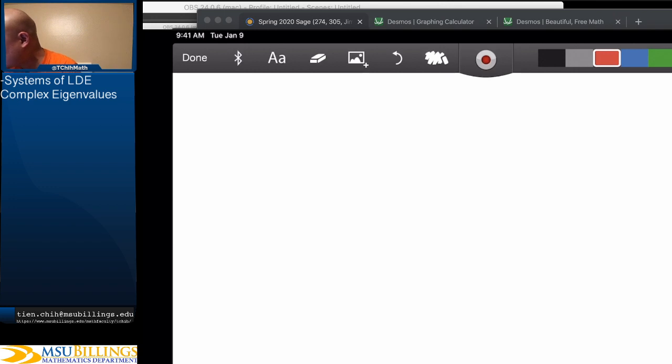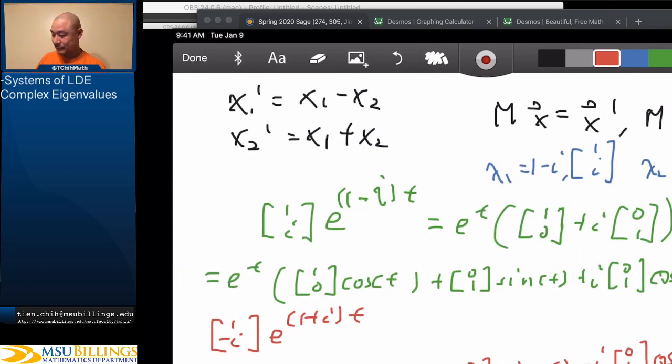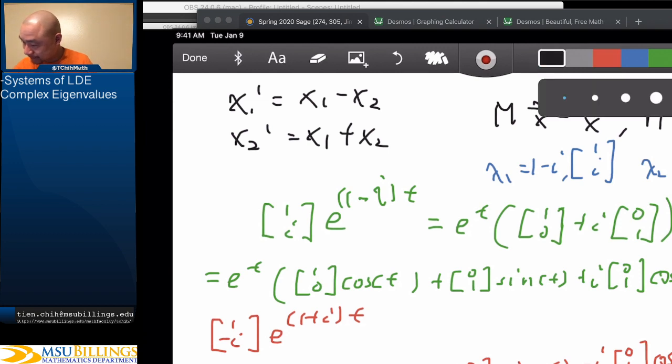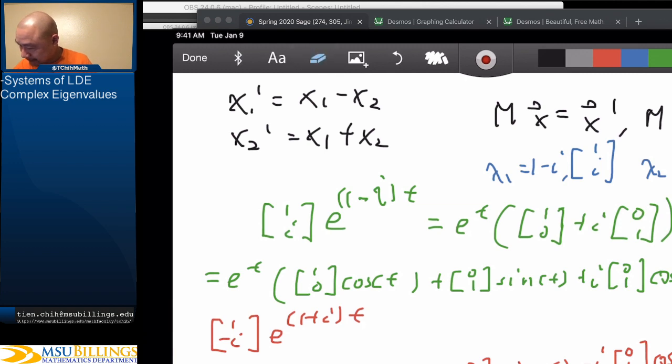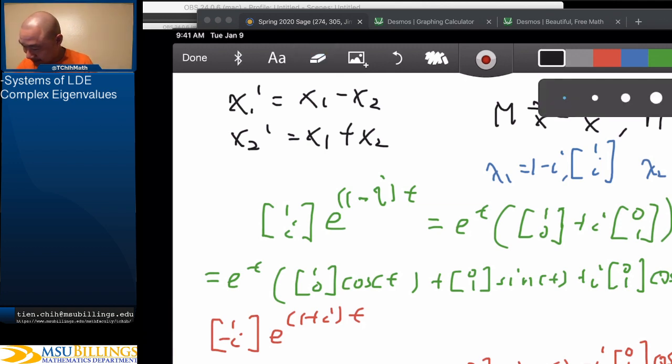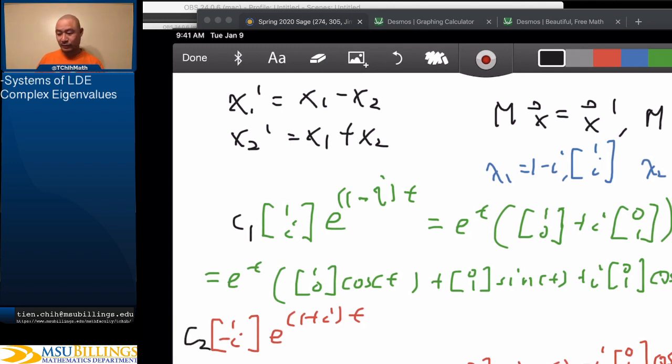So remember that I can take C1 times this whole thing plus C2 times this whole thing, and any possible choice for C1 and C2, including complex choices, is valid.